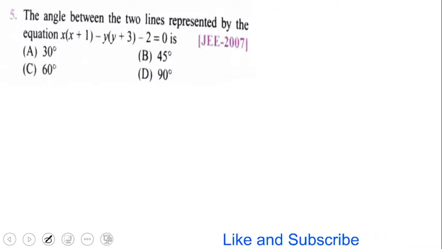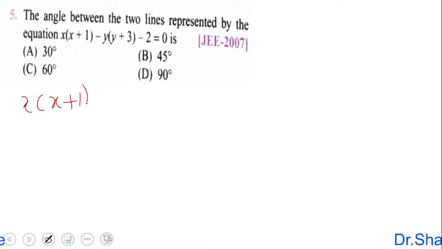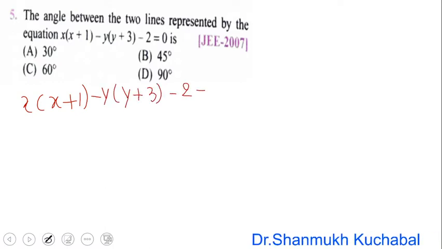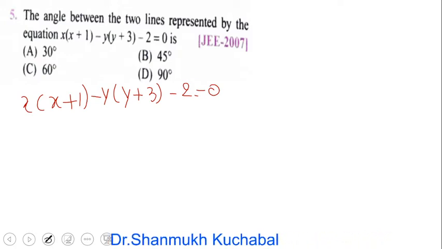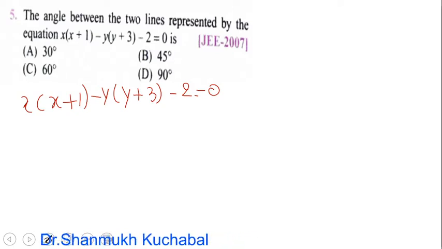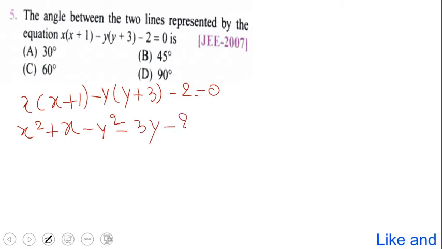Okay, we'll move to our next example, question number 5. The question is the angle between the two lines represented by the equation x into (x plus 1) minus y into (y plus 3) minus 2 equal to 0. What angle it will represent, we have to calculate here. So we will simplify this. X is multiplied with the bracket, we get x square plus x, minus y is multiplied with the bracket, minus y square minus 3y, then minus 2 equal to 0.